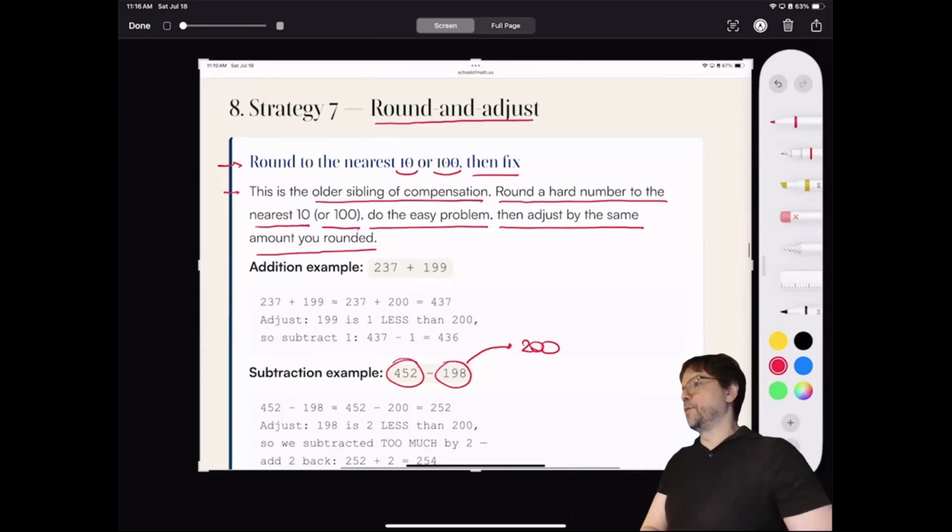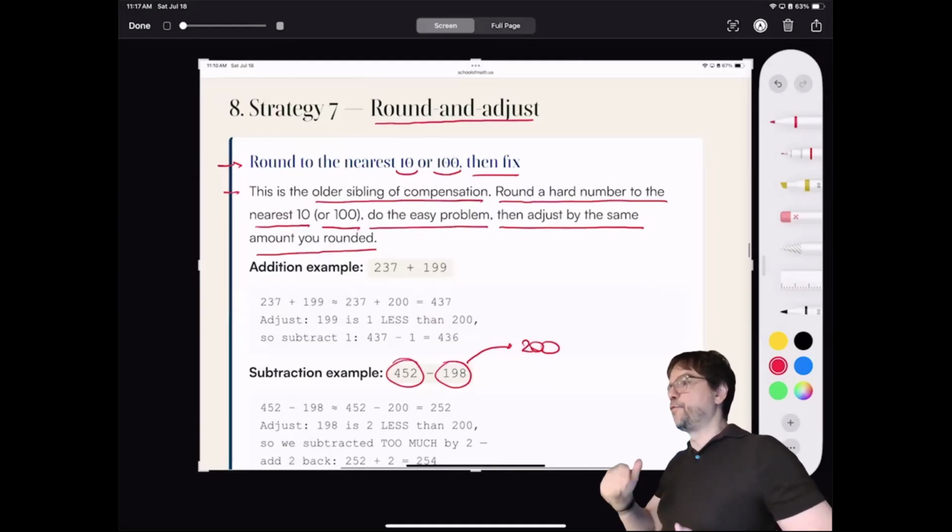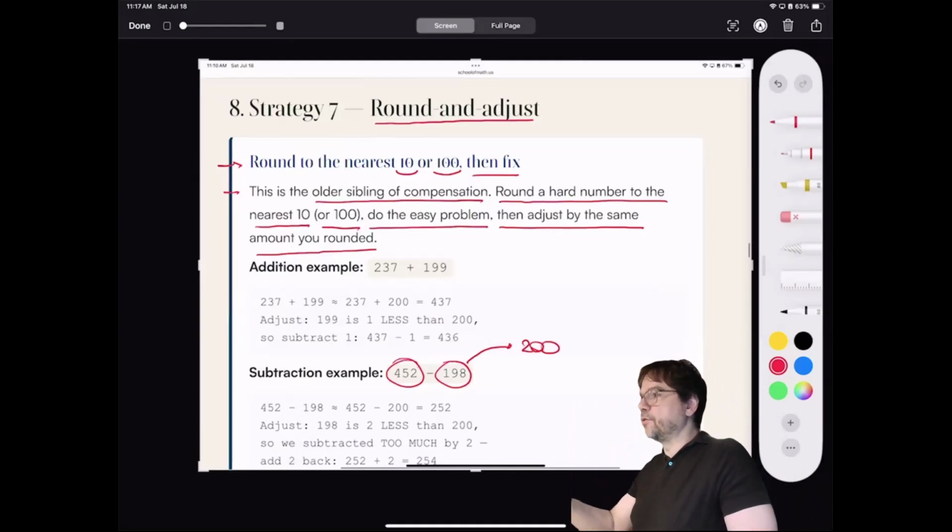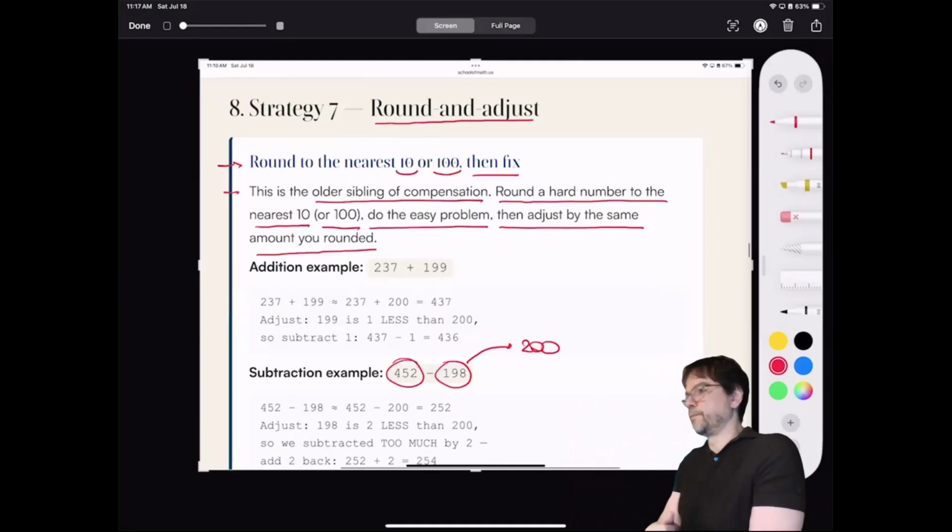What did I do? To reach 200, how much did I add? 2. Now, if I added 2, I need to subtract 2.